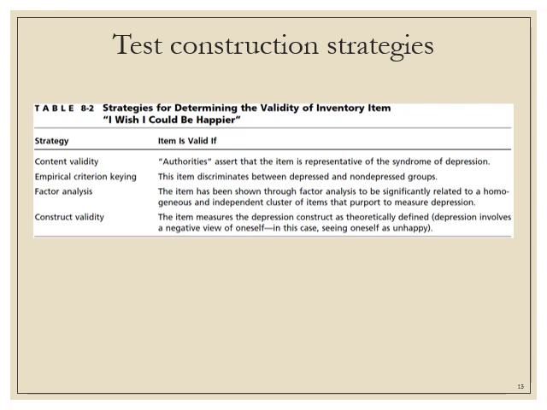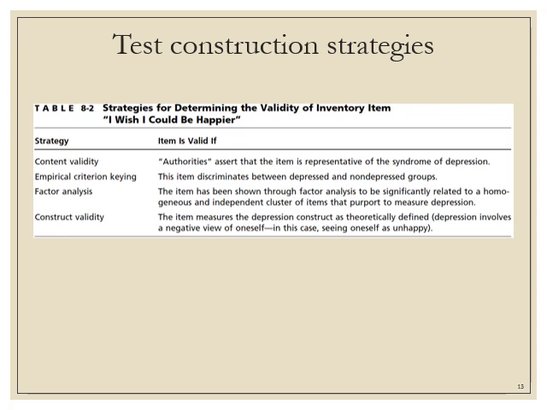So in factor analysis, the item would be valid. The question, "I wish I could be happier," would be valid if it clustered together, if it was associated with other questions like "I feel sad all day," and "I sleep too much," and "I never have any energy." Things that we know are associated with depression.